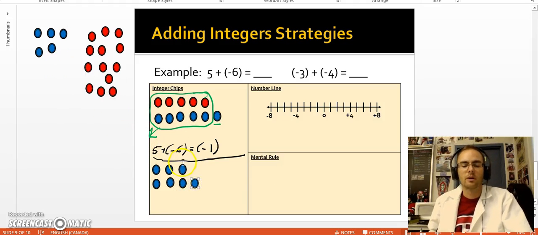Now again, looking at our zero model, which is basically opposite integers, I have nothing here that are opposite. I don't have any positives and negatives that can cancel each other out. They're all negatives. So because it's an addition question, I add them all together.